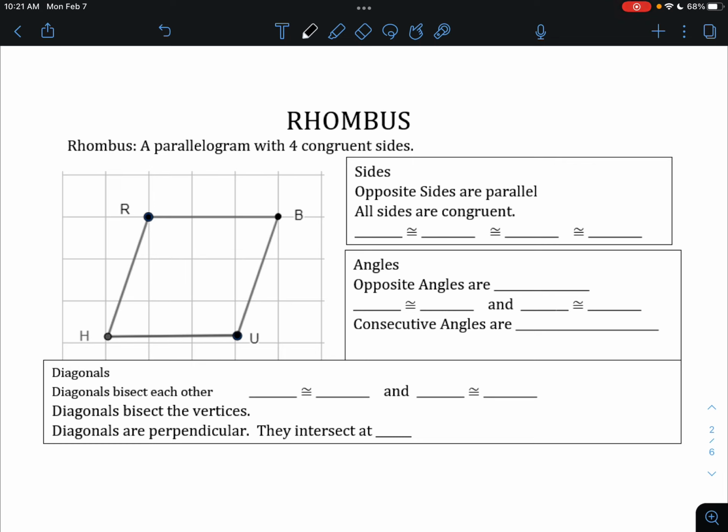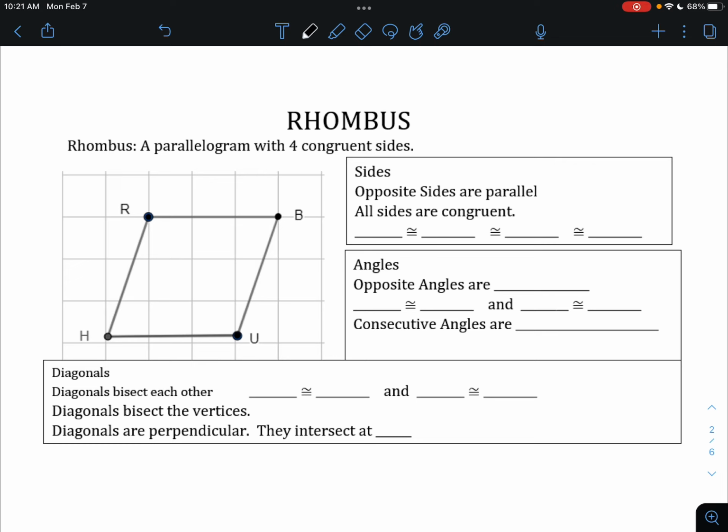So in a rhombus, since it's a type of parallelogram, the opposite sides are parallel. Every parallelogram has 2 sets of opposite sides. So RB and HU, RH and BU. But not only are the opposite sides parallel, the opposite sides are congruent. And in fact, all of the sides are congruent.